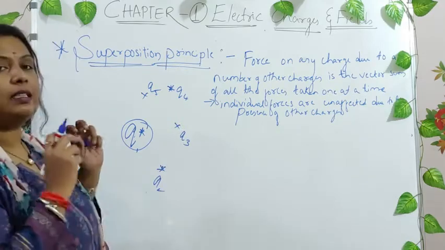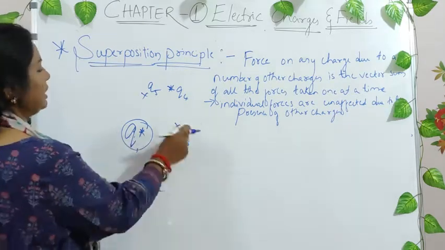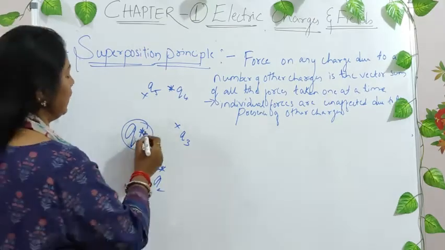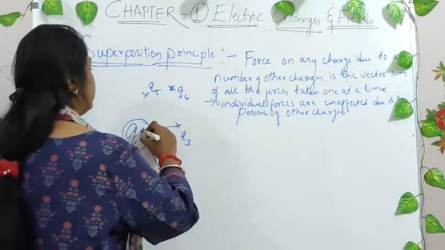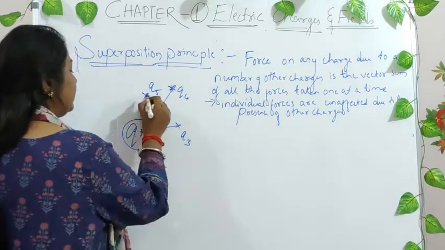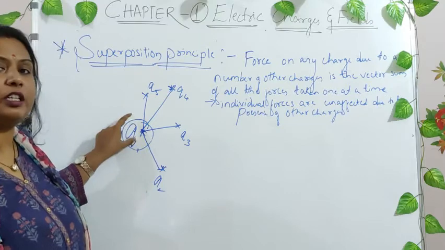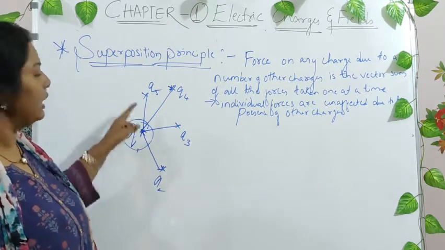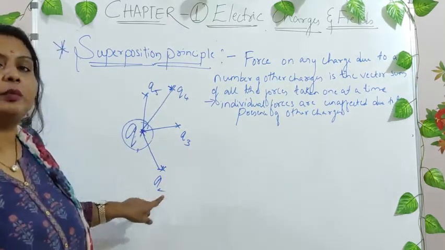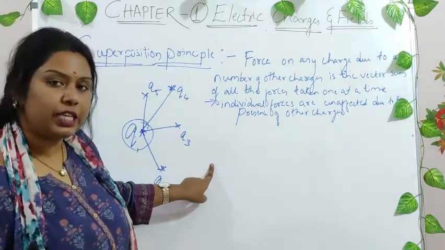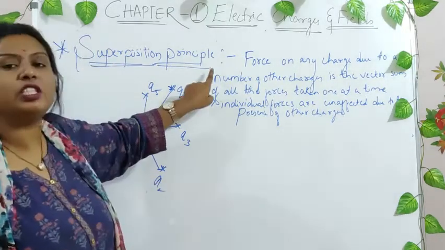Some force exists between Q1 and Q2, Q1 and Q3, Q1 and Q4, and Q1 and Q5. We want to find the electrostatic force on the charge Q1 due to the various other charges present. When you have so many charges and want to find the electrostatic force, you go through the superposition principle.